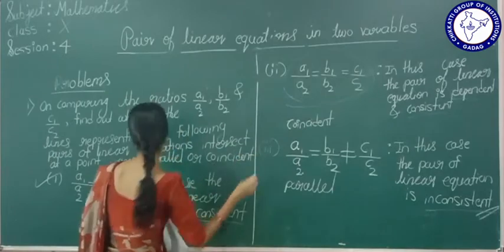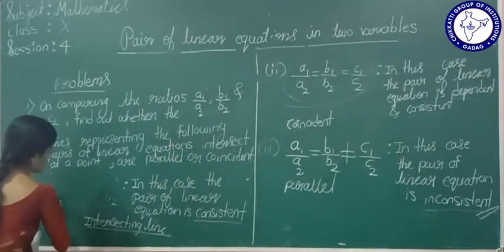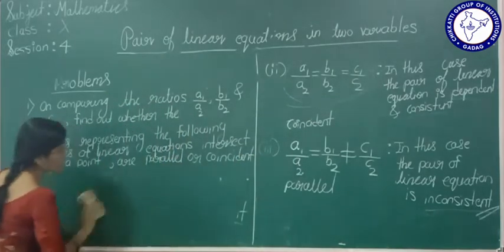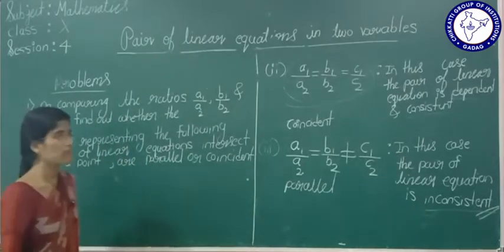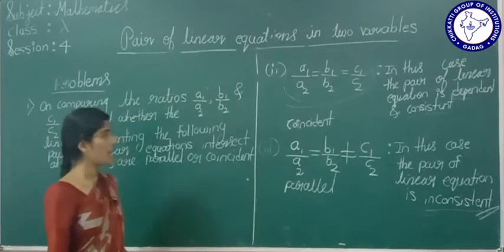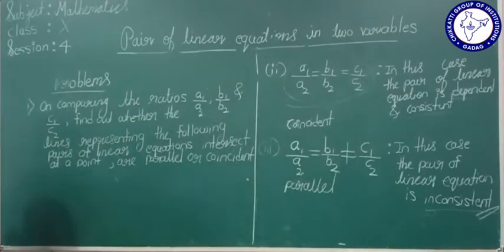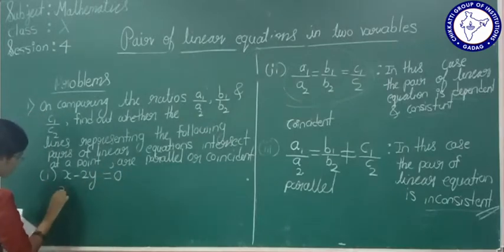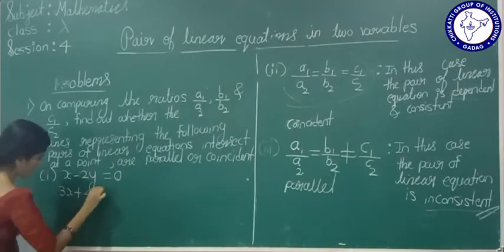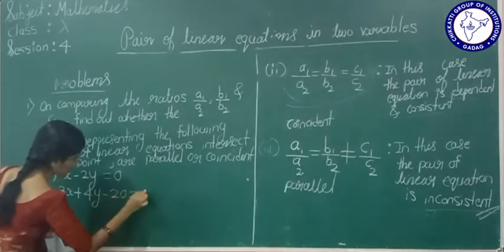Now see here, by comparing the ratios, we have to tell whether the lines representing the pair of linear equations will intersect, are parallel or coincident. First one: x minus 2y is equal to 0, 3x plus 4y minus 20 is equal to 0.